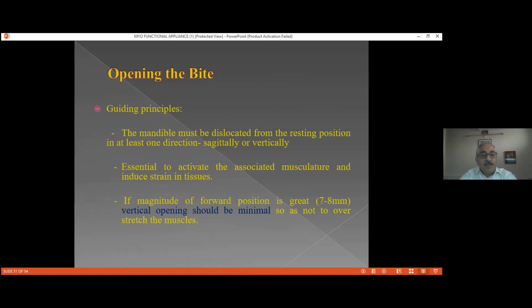Now, if the magnitude of the forward positioning is as great as 7 to 8 millimeters, the vertical opening should be minimal so as not to overstress the muscle.